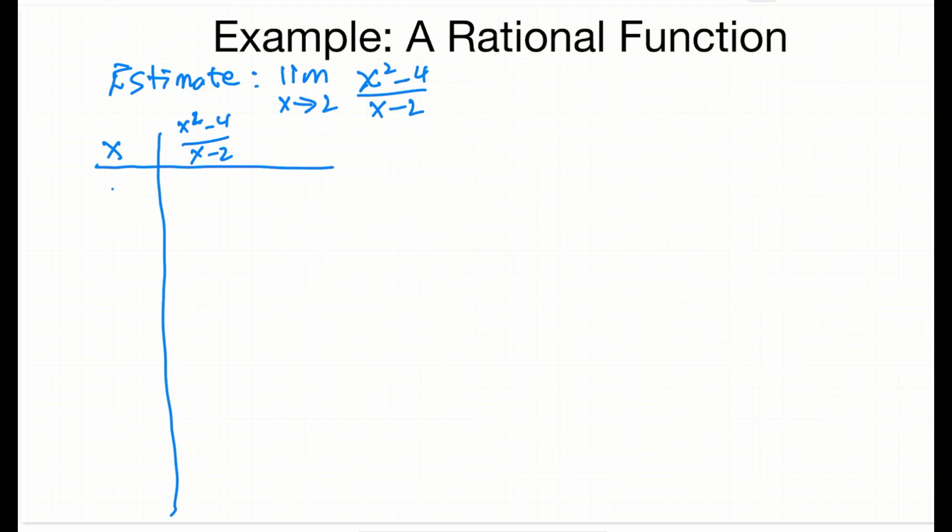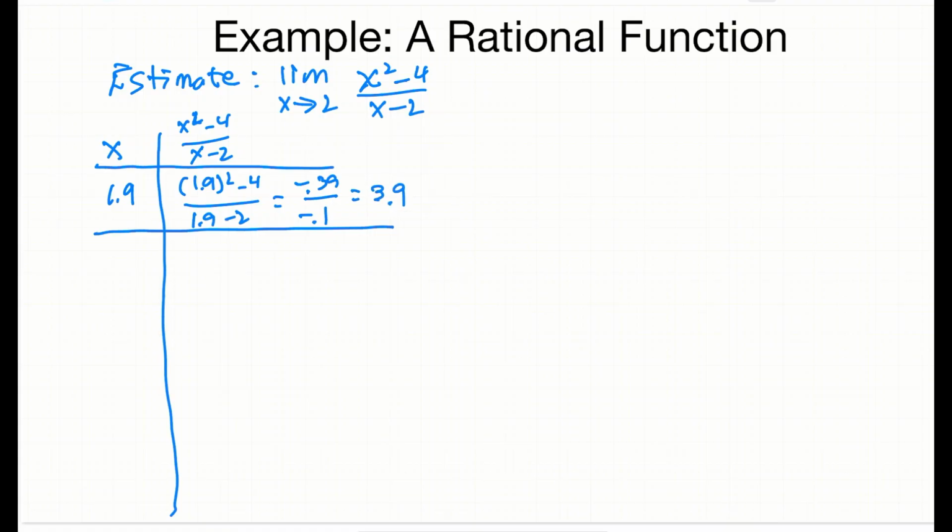Let's start out at 1.9. We're going from the left. I'm going to calculate this first point for you. We have 1.9 squared minus 4 divided by 1.9 minus 2. If we do the math, it's minus 0.39 divided by minus 0.1, which is equal to 3.9.